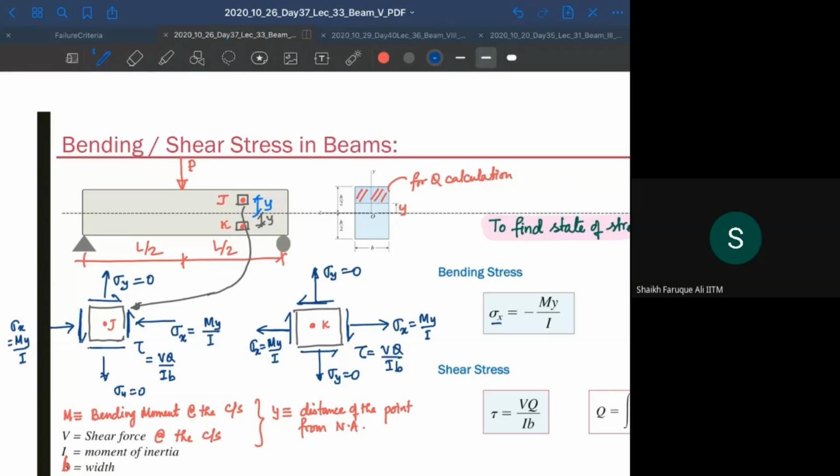And it's going to be like this. It's positive. Okay. So it's going to be positive. Okay. VQ by Ib. So that's how you draw.